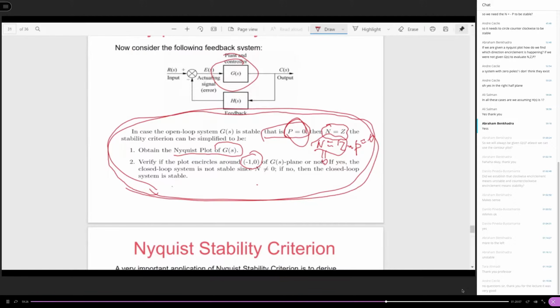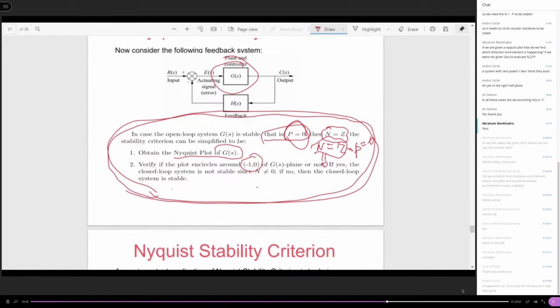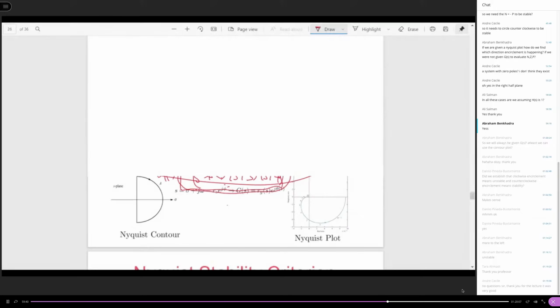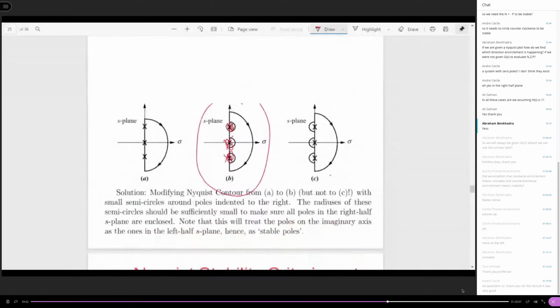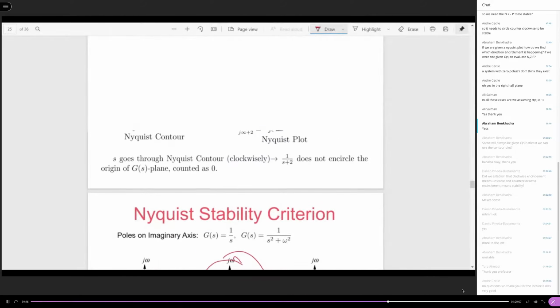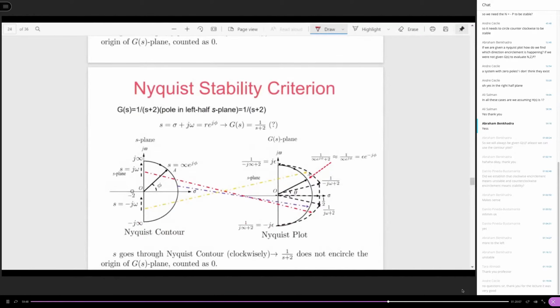The question: if we are given a Nyquist plot, how do we find the direction? Abraham, if you use MATLAB to draw it, MATLAB will show you the direction. Also, if you recall when I talked about the polar plot, look at the Nyquist contour.